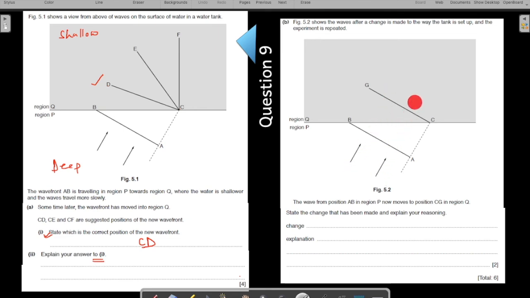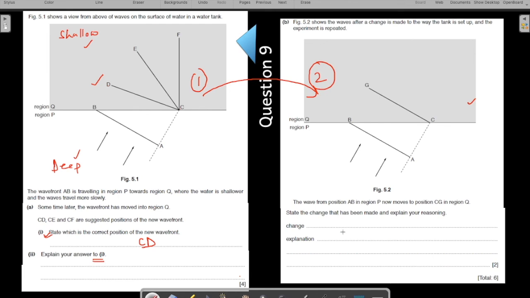No change, no bending occurring, no turning, nothing happening. So what change do you think has been made from picture 1 to picture 2? In picture 1 there was bending happening, there was a deep and a shallow region. In picture 2 you see that the wavefront is moving as it is. So what they have done in picture 2, think about it.